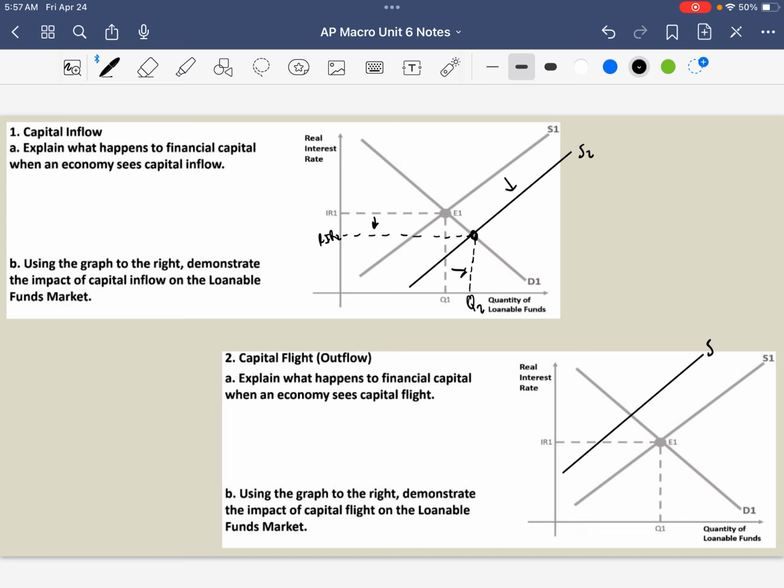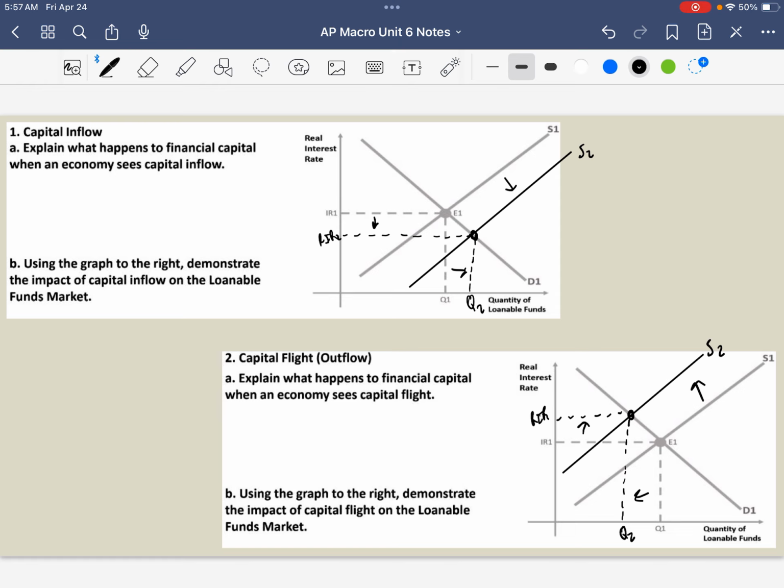And so we would call this S2. Quantity 2, and you'll see that real interest rates goes up. So this is an example of when foreign exchange impacts loanable funds.